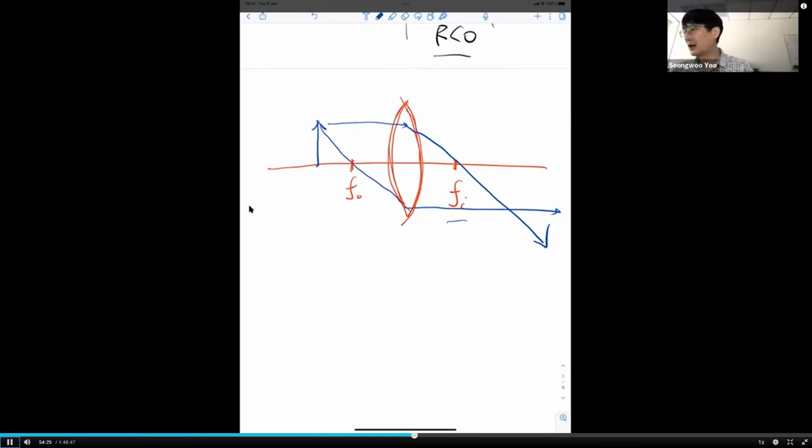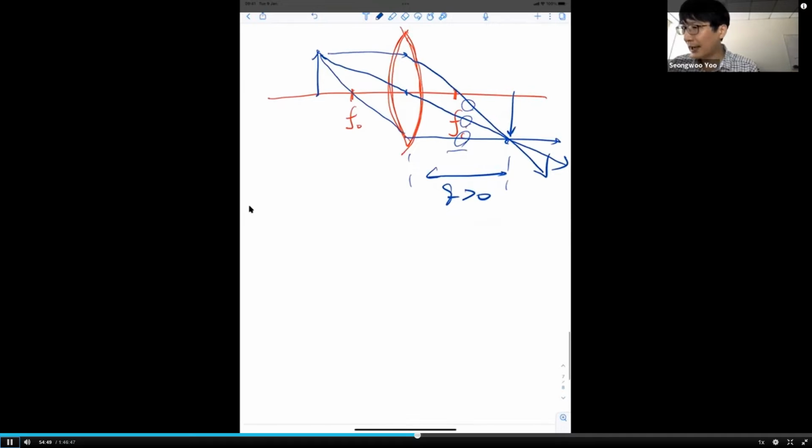Then the incident ray to the center of this lens will just come out as a straight line. Where those three refracted rays meet, I can draw the image, whose distance is Q, which is a positive value because this is a real image.